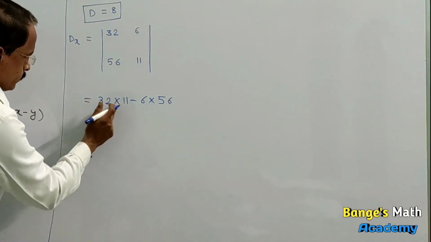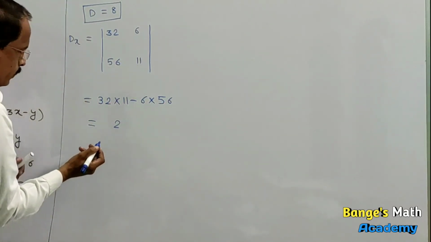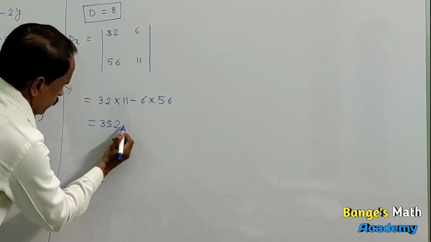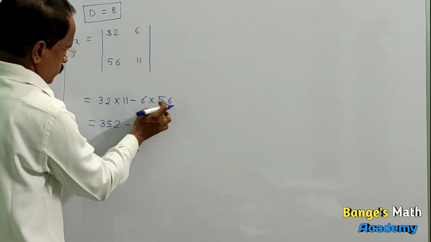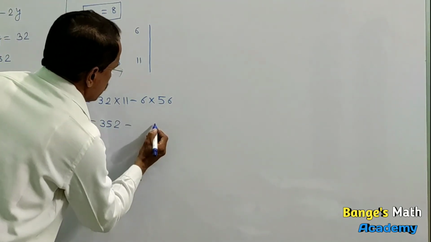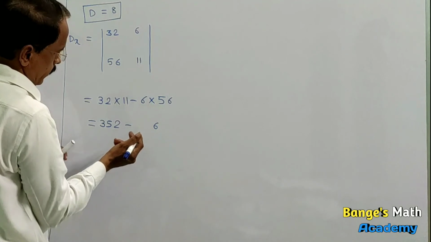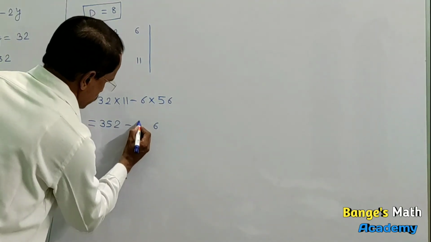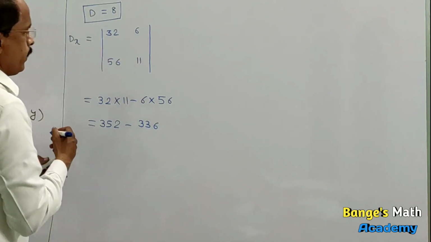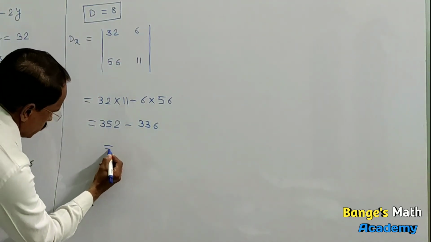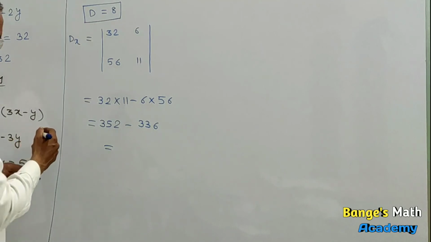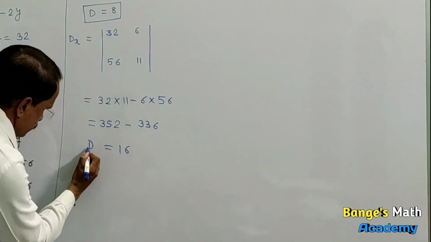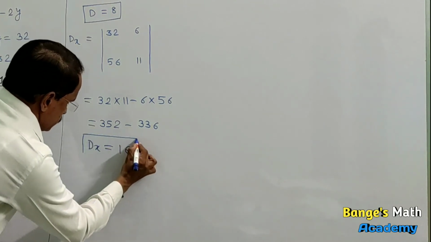Product of this. 11 2s are 22, write 2, carry 2. 11 3s are 33 and 2 is 35. Minus 6 into 56. 6 6s are 36, write 6, carry 3. 6 5s are 30 and 3 is 33, so 336. Subtraction of this gives 16. Dx.